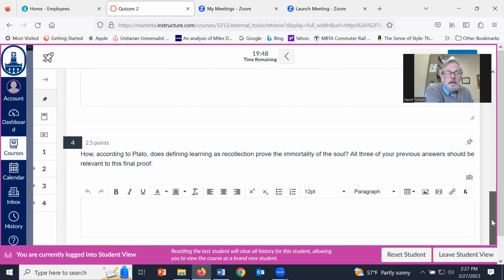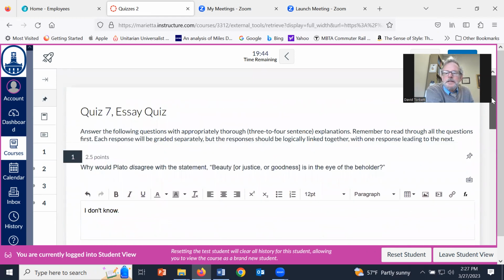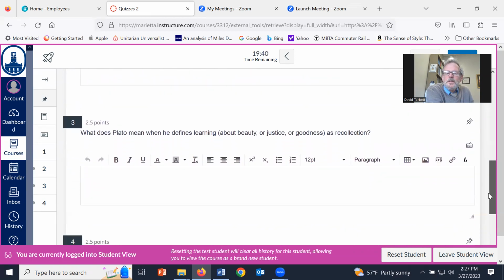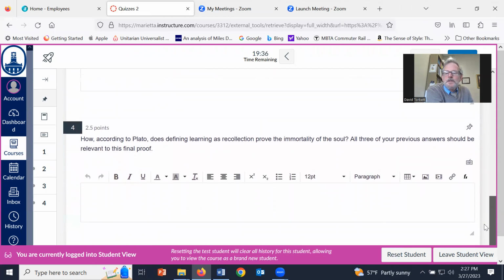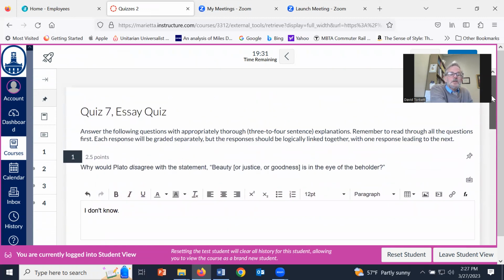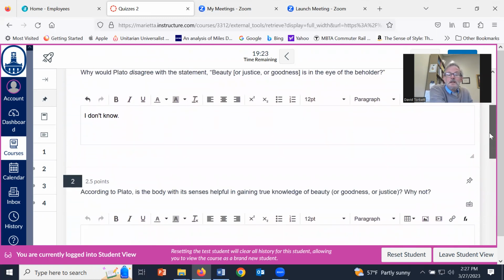So, if you did read them all ahead of time and you're working your way through, that should make sense. That should not throw you off. All three of your previous answers should be relevant to this final proof. Why he doesn't think beauty or justice or goodness is in the eye of the beholder is relevant to the next question.